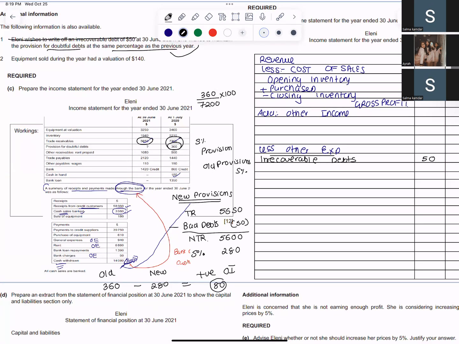So I have a decrease in provisions. Old minus new. 360 minus 280. What is the decrease? 80. What you can do is show it in brackets in the pencil, and then in the working note place you can write working note 1 or working note number 2.